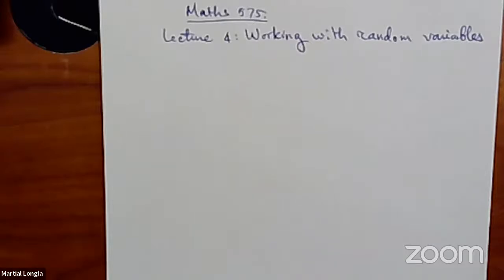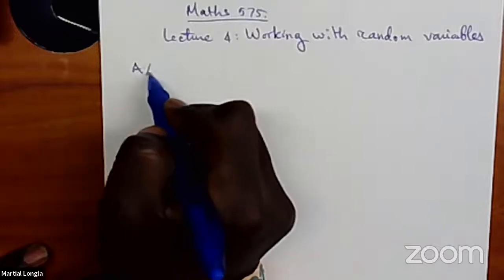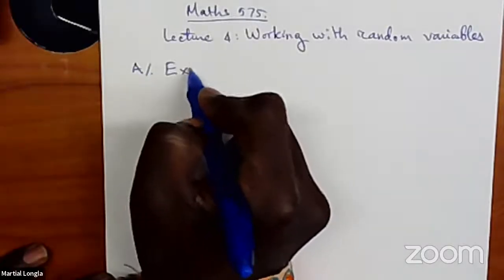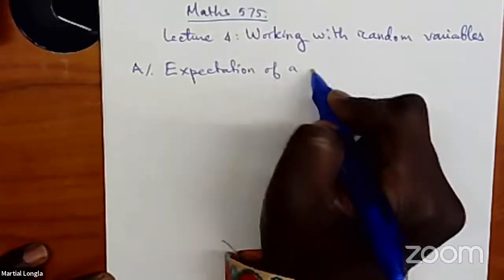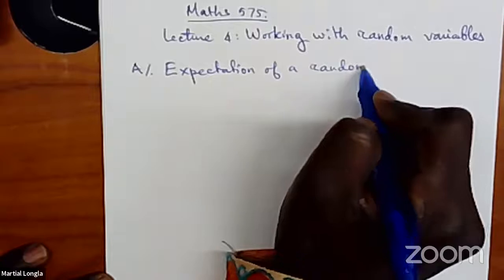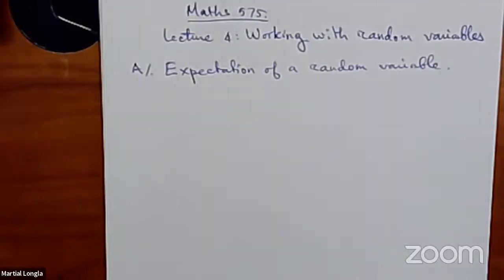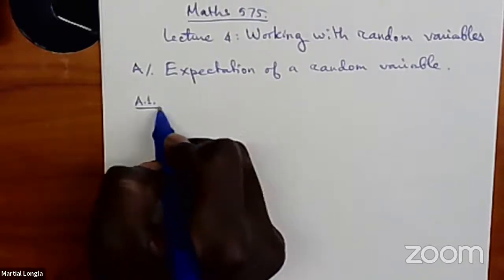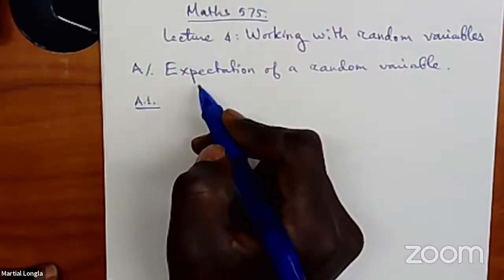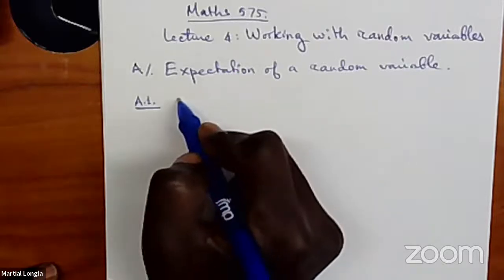So we'll be talking about working with random variables. First thing is the expectation of a random variable. Consider separately the case of a continuous and a discrete random variable.